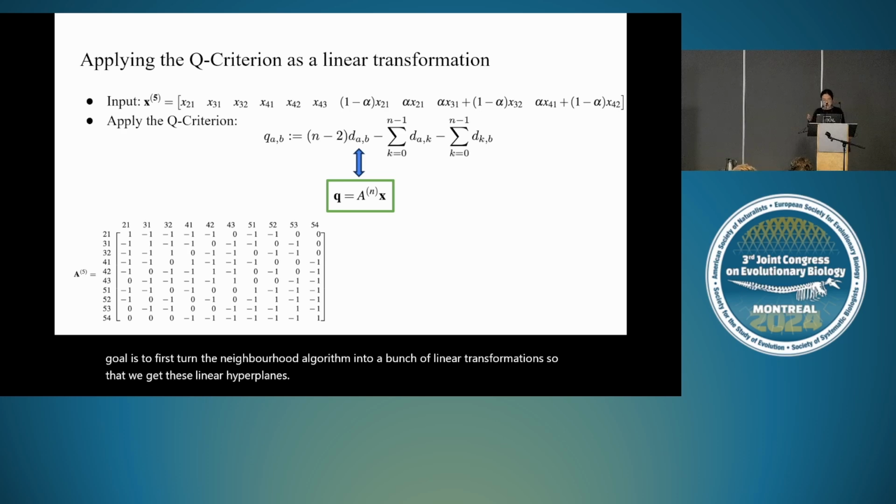So first, I'll explain why the Q criterion can be interpreted as a linear transformation. Recall that we have this Q criterion from a previous slide. It has been proven that there exists a matrix A that can transform the input distance matrix or vector into this Q vector, through linear transformation, and this is an example when n is equal to 5.